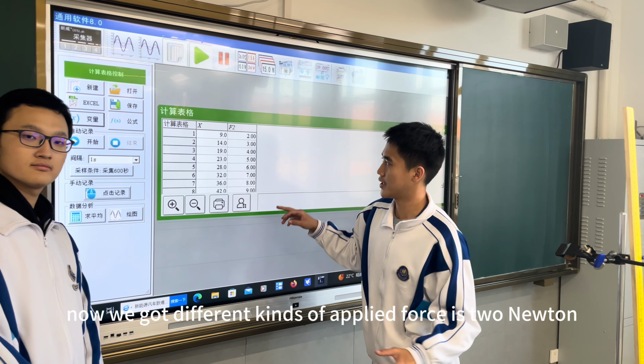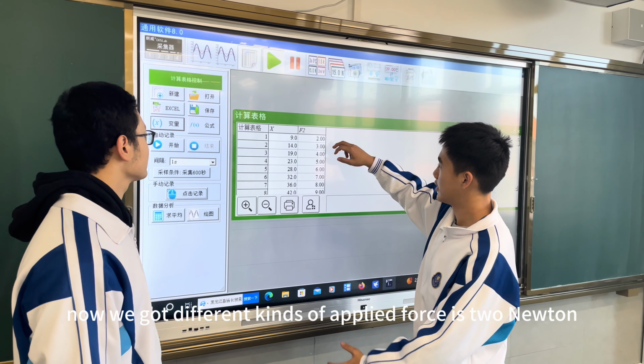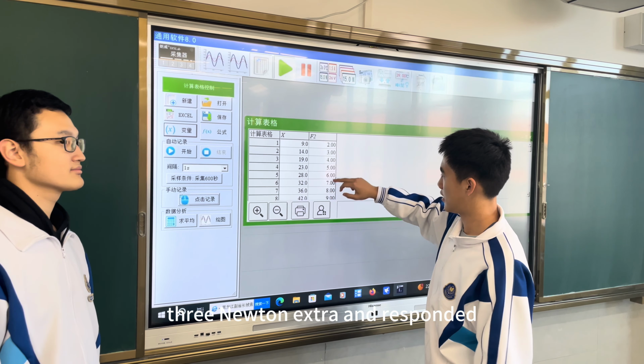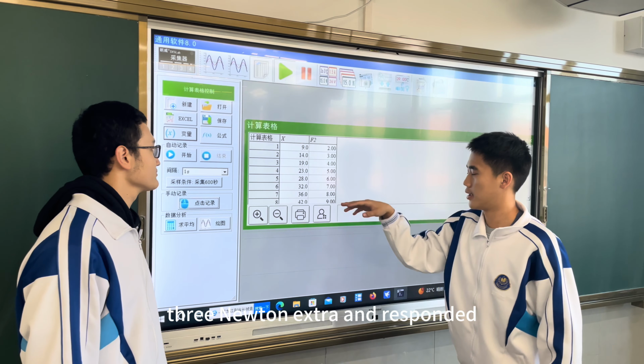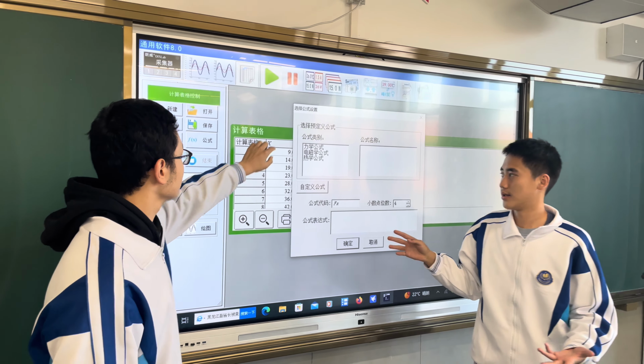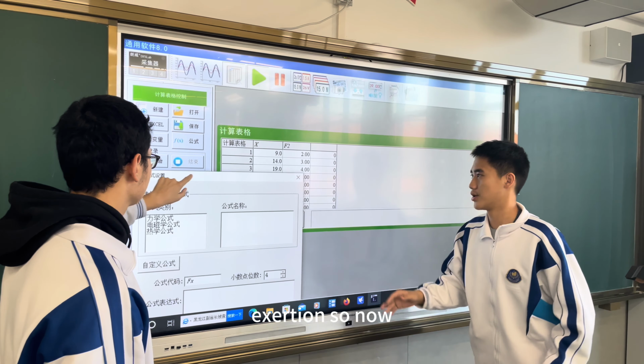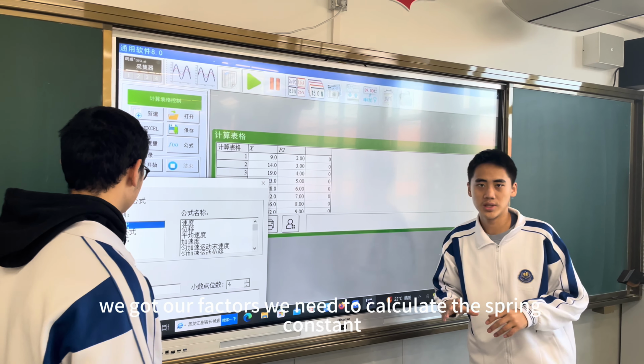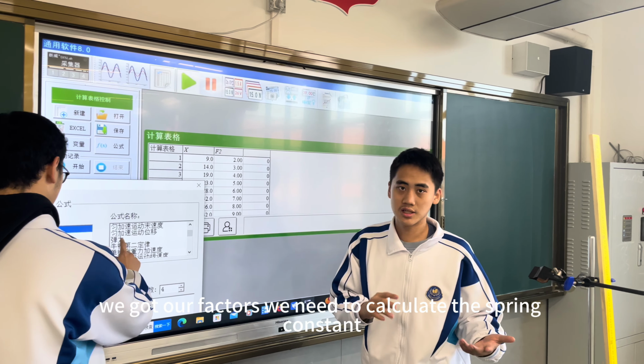Now we got different kinds of applied force: 2 Newton, 3 Newton, and so on, with the corresponding extensions. So now we have all the factors we need to calculate the spring constant.